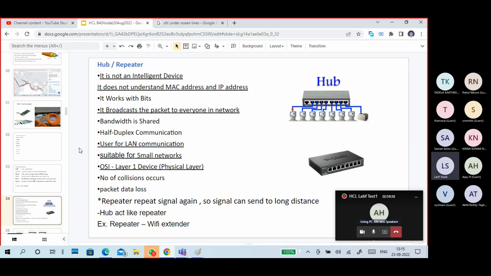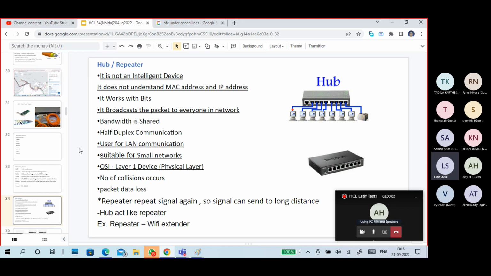Hub is a non-intelligent device. We use a hub basically in LAN communication only, and it is suitable for small networks only. It does not understand what a MAC address or IP address is. It does not understand anything.